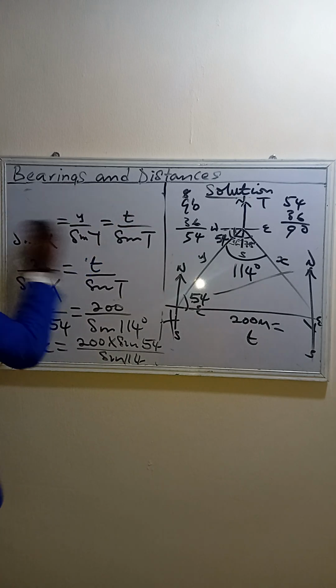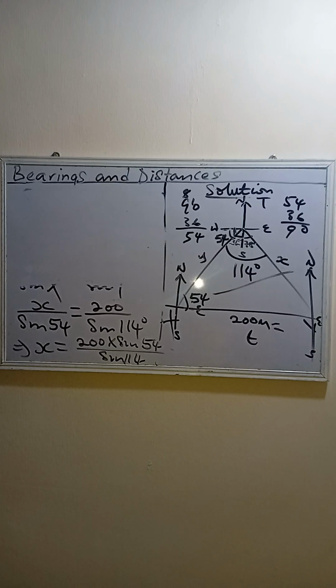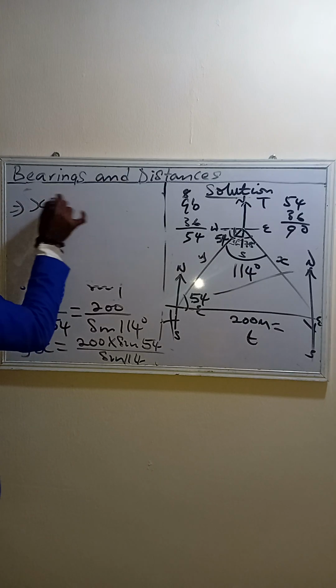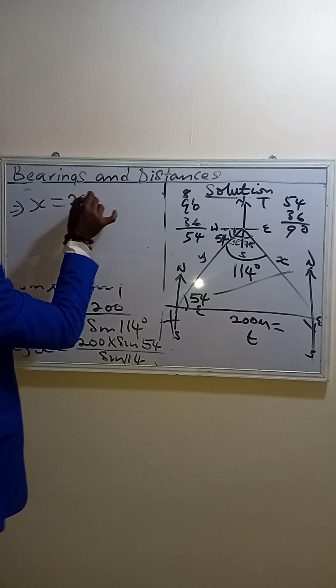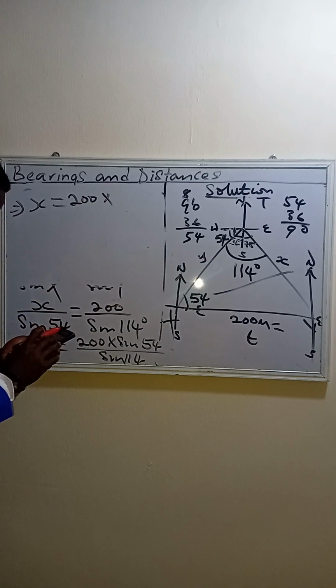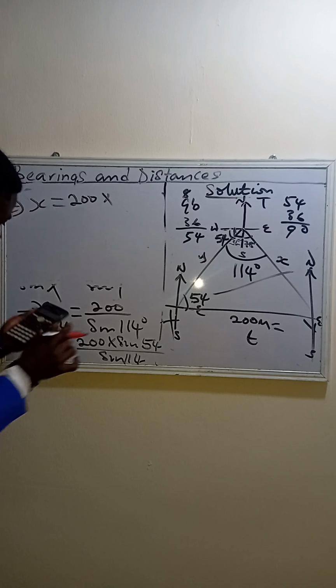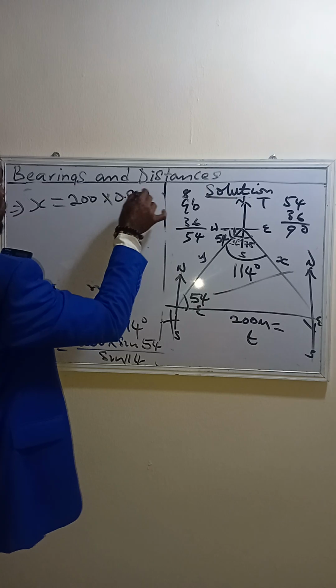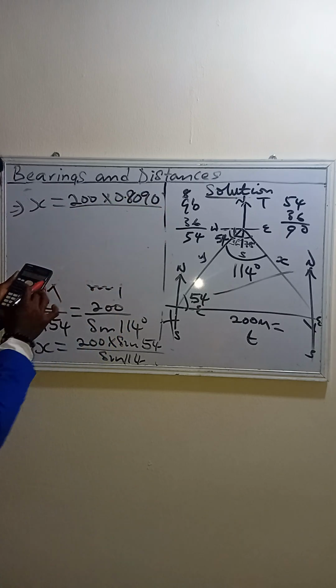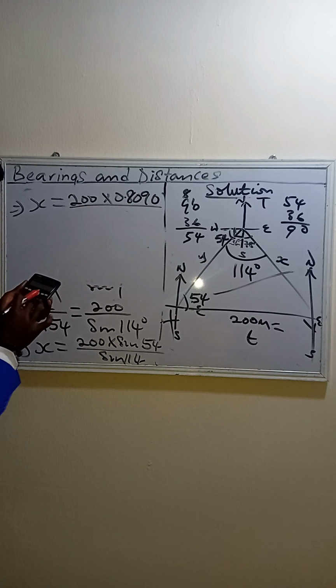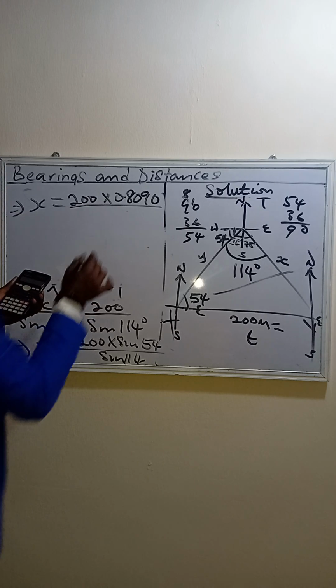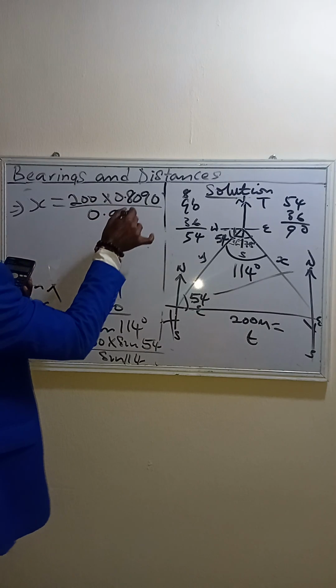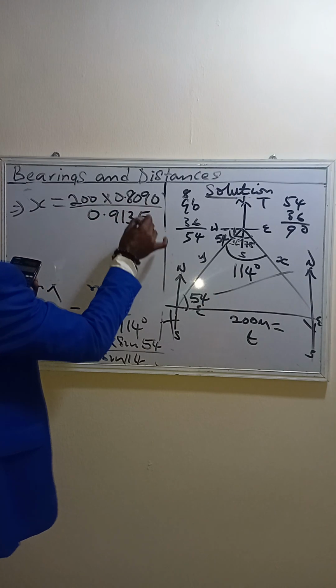So what is the next thing here? We have x equals 200 times sine 54, which is 0.8090, divided by sine 114, which gives you 0.9135.